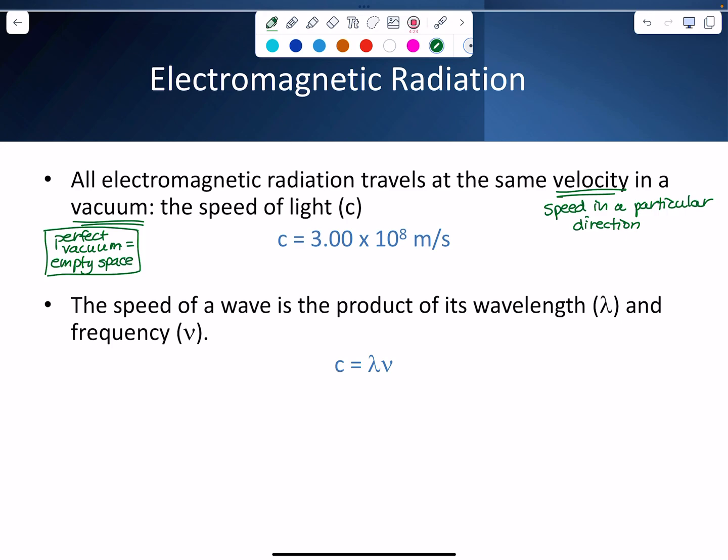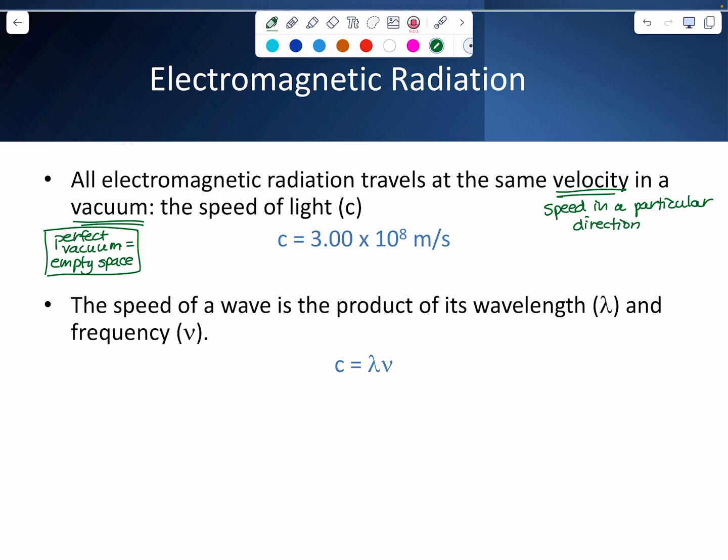So when we vacuum our carpet, or apply a vacuum to something in the lab, we are sucking the matter, the particles, out of whatever vessel we're applying the vacuum to, so that hopefully we get as many of those particles out as possible. Ben made a good point: if you have a vacuum, there's nothing there that the wave is going to bump into.